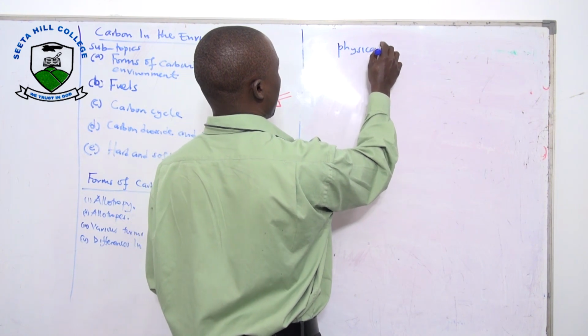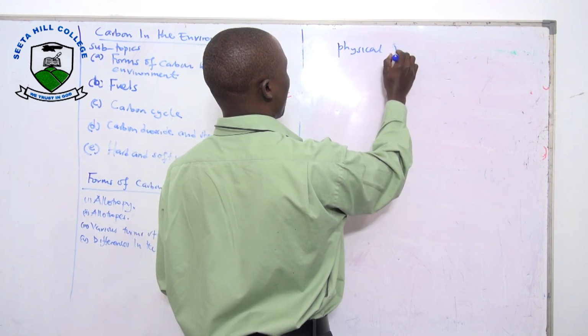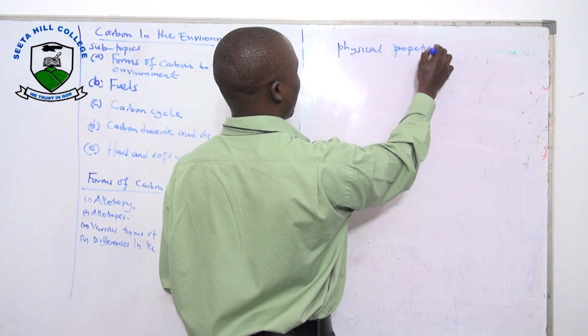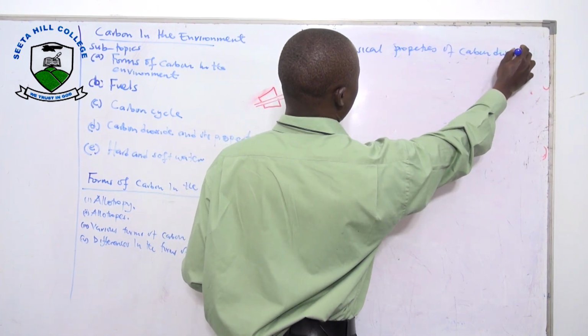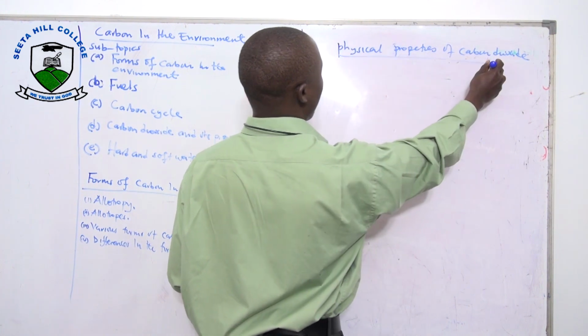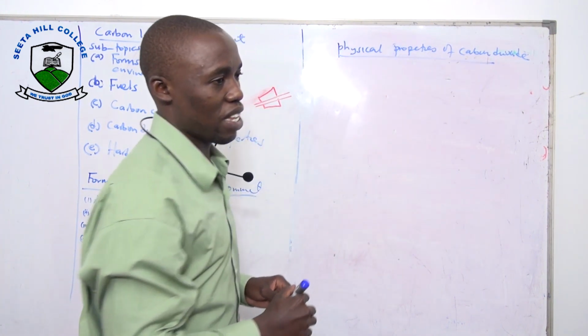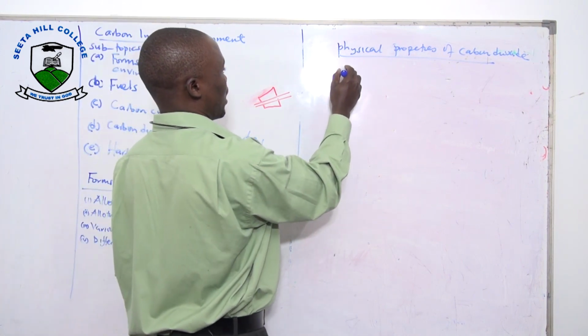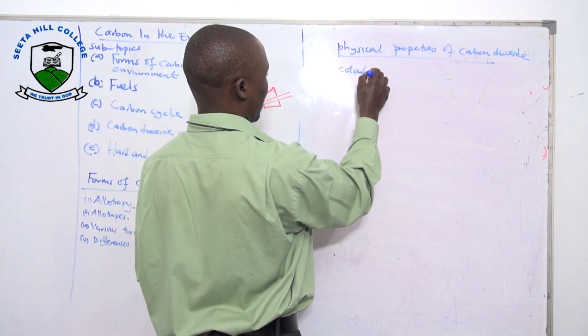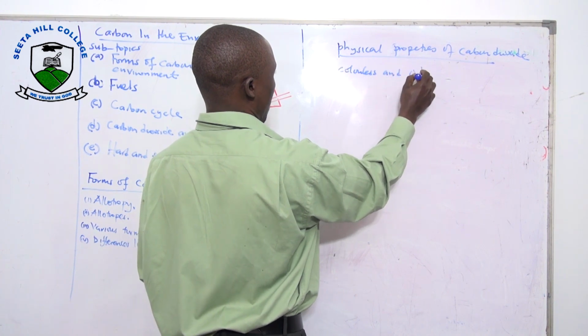Physical properties of carbon dioxide gas. Which obvious one did we say? It's colorless. Odorless.